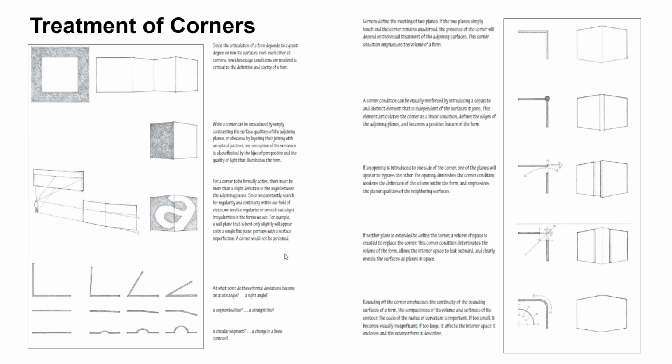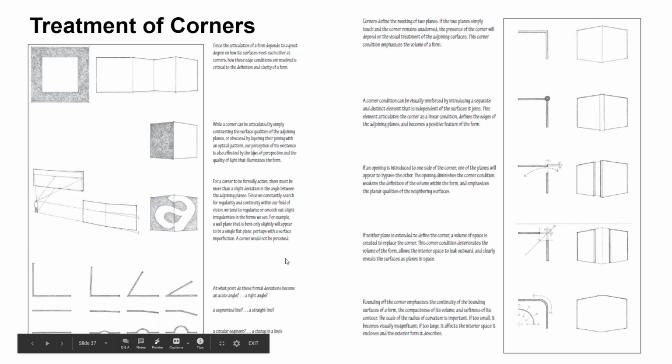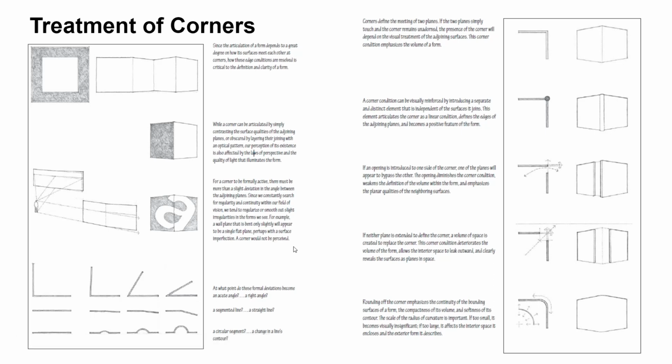So for a corner to be formally active, there must be more than a slight deviation in the angle between adjoining planes, since we constantly search for regularity and continuity within a field of vision. So this is very prominent in anamorphic designs. If you can actually look at what anamorphic would perceive.